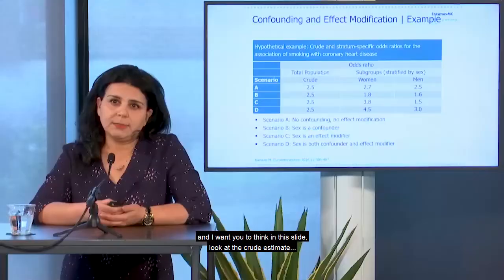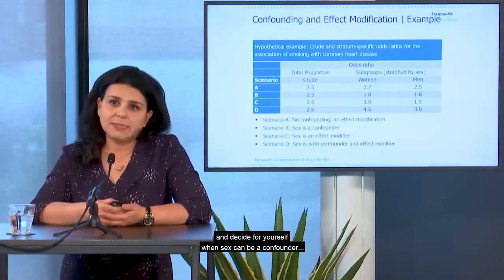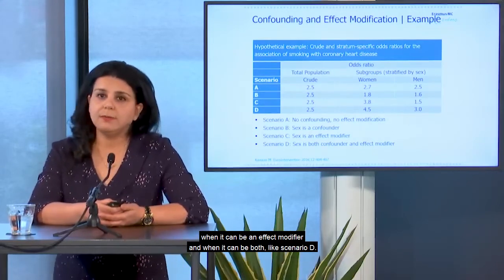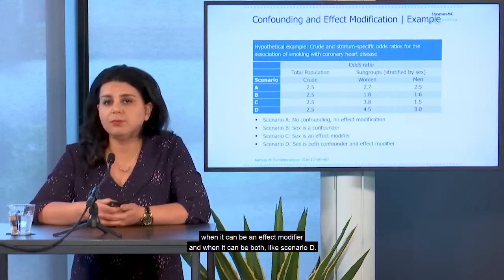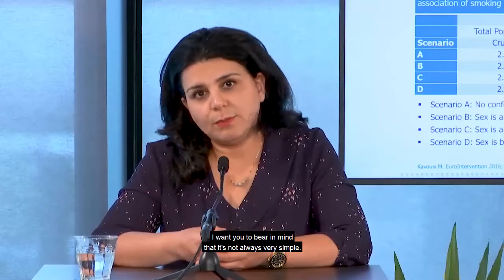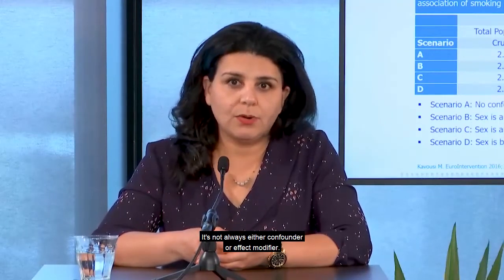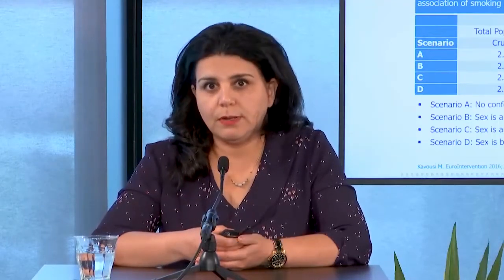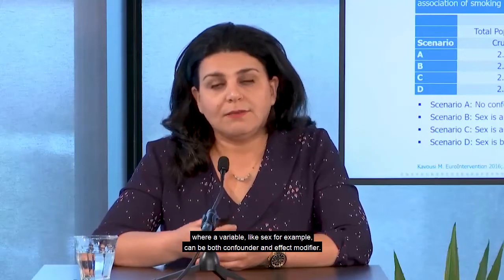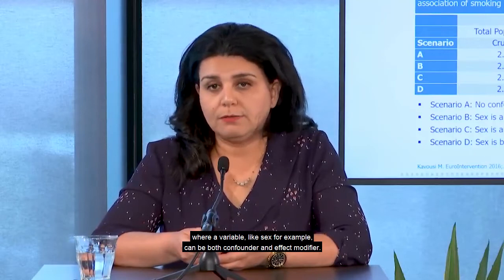Look at the crude estimate, look at stratum-specific estimates between men and women, and decide for yourself when sex can be a confounder, when it can be an effect modifier, and when it can be both, like scenario D. And I want you to have in mind that it's not always very simple. It's not always either confounder or effect modifier, but you deal with many different real-life examples where a variable, here sex for example, can be both confounder and effect modifier.